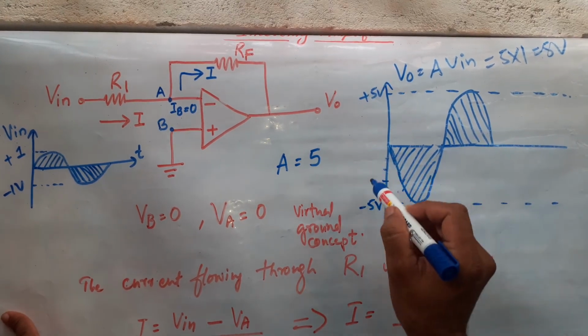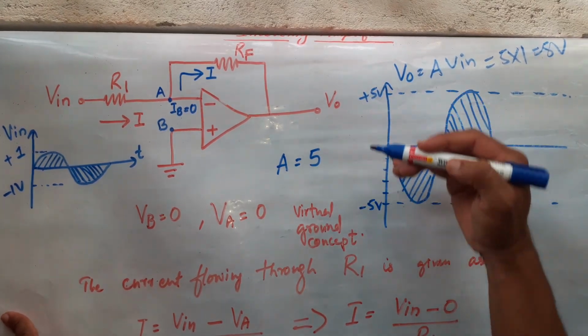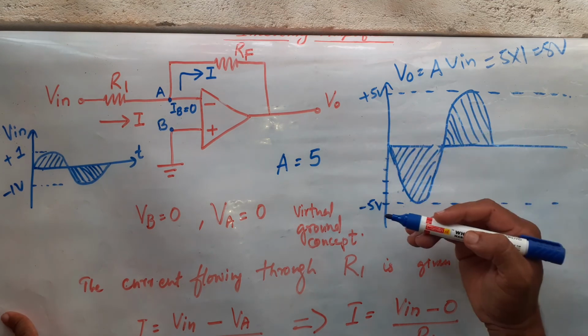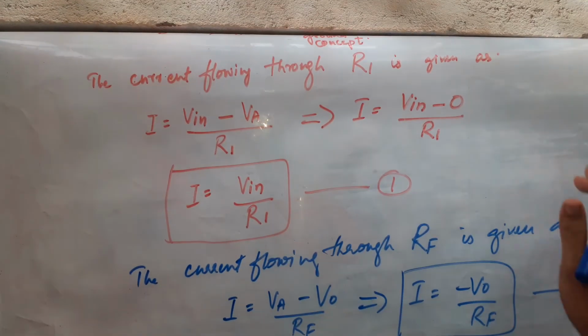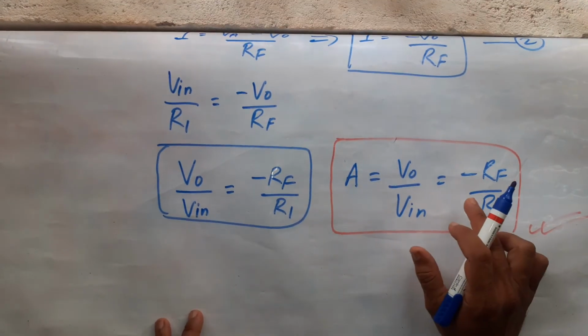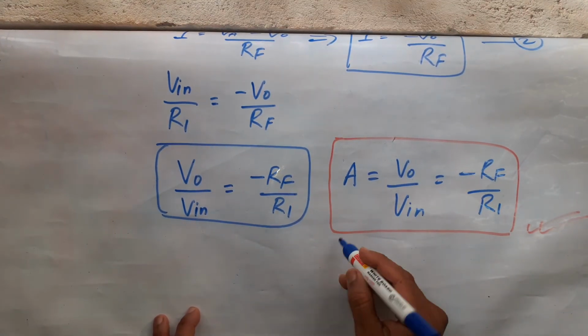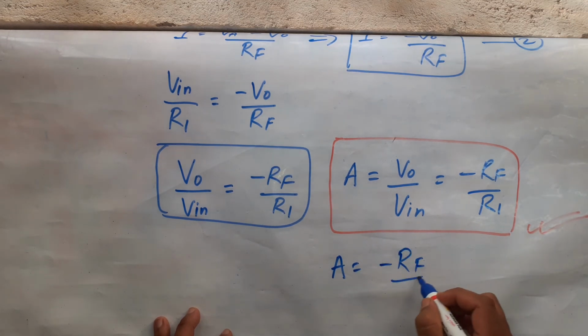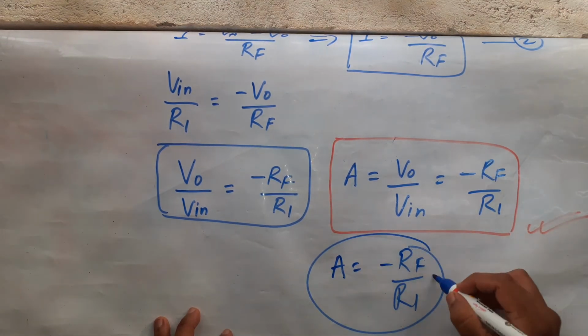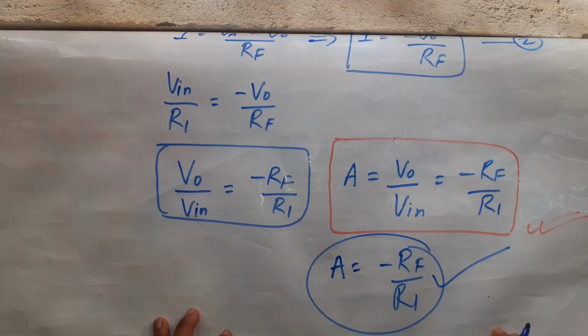The amplitude has been increased, but the polarity has changed. So this minus is because of this. Remember, gain we can also write as minus RF by R1. This is for the inverting amplifier.